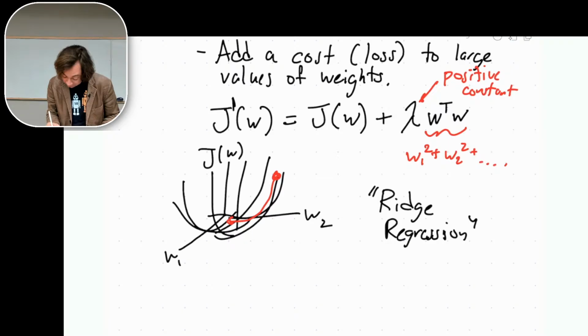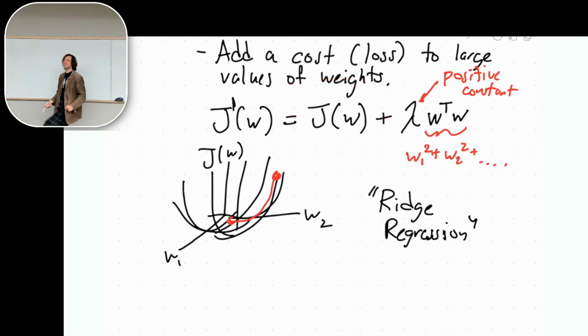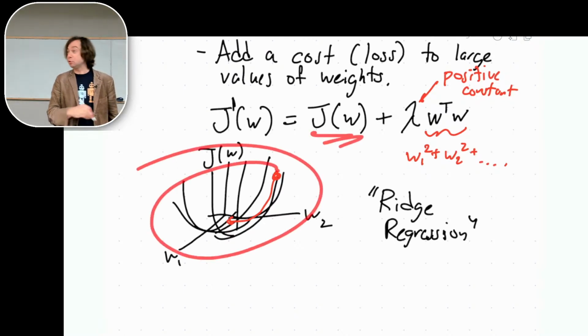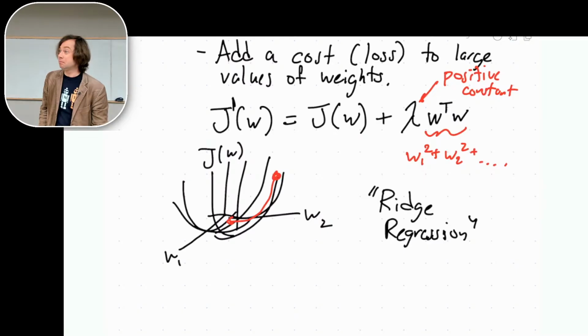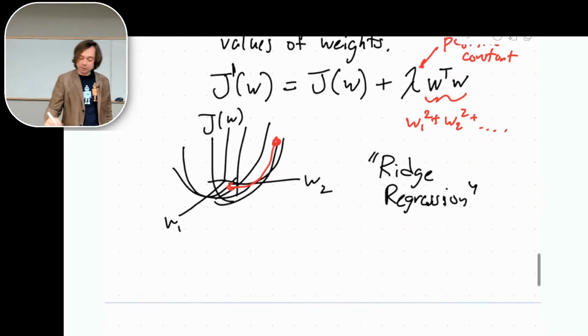The only difference, though, is that this cost does not necessarily need to be a least squares fitting cost, and it can be super nonlinear. Okay.